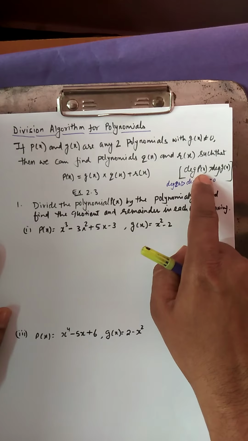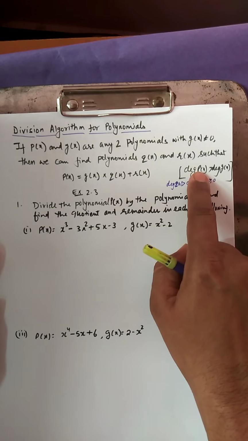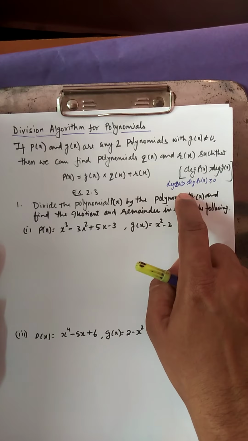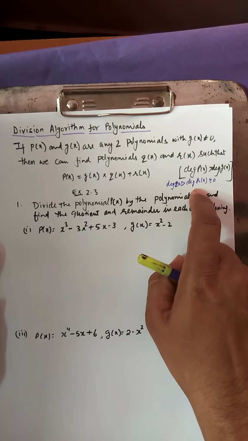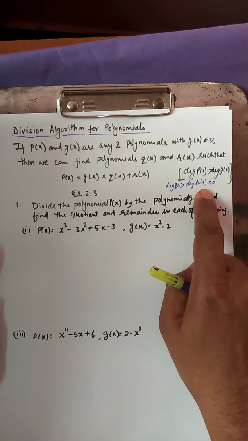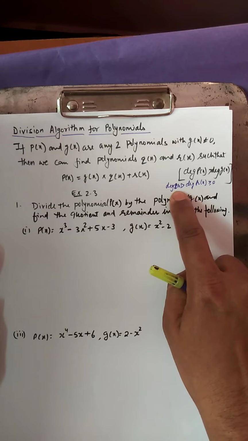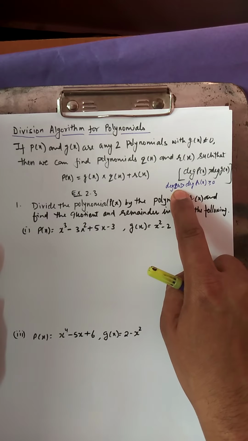The degree of p(x) is greater than the degree of g(x). In Euclid's division lemma, you have seen that a is greater than b. Here we will not say a greater than b, we will say degree of p(x) greater than degree of g(x). And in Euclid's division lemma we say that the remainder can be equal to 0 or less than b. b was your divisor. Here the degree of r(x) is greater than or equal to 0 but less than degree of g(x), which is the divisor.